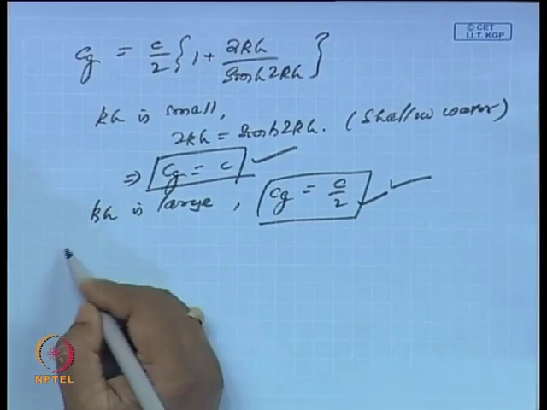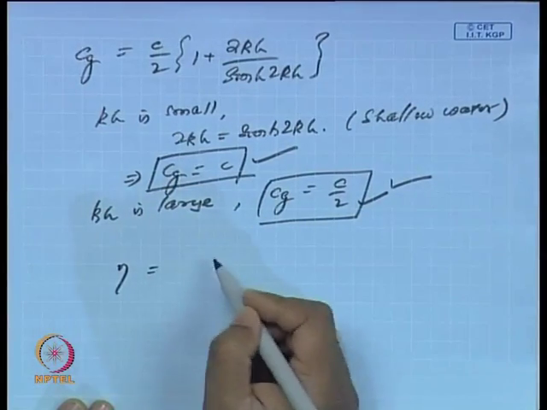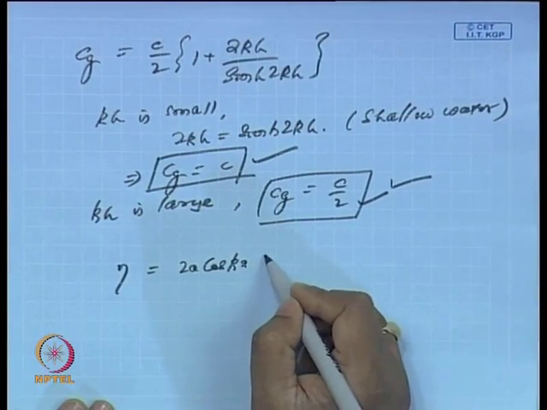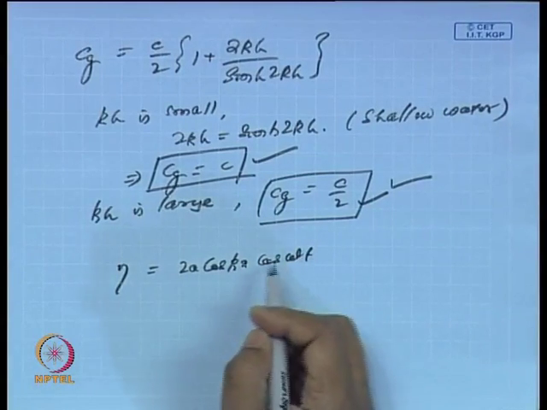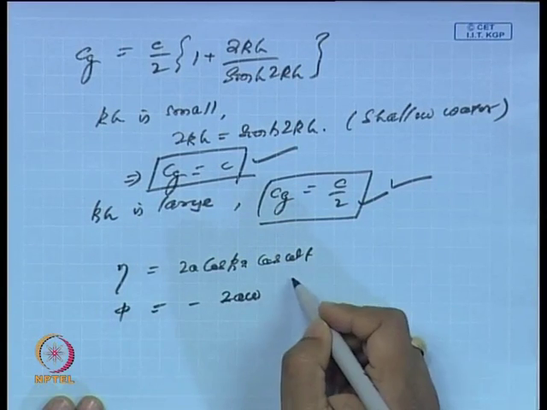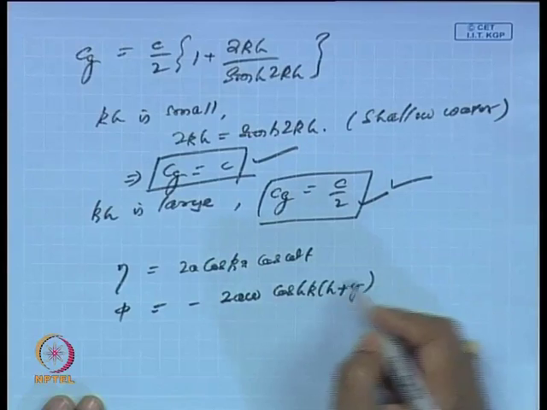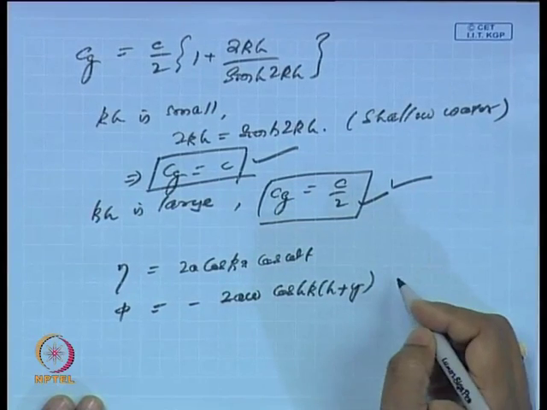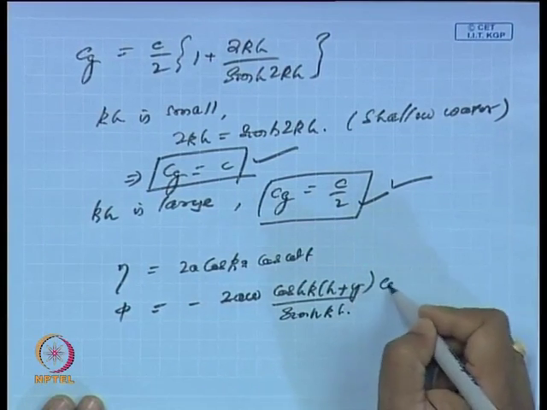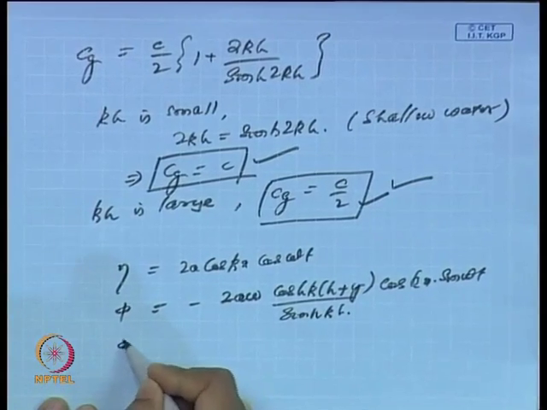We have seen that in case of a standing wave, eta is equal to 2a cos kx cos omega t, and then the corresponding phi will be, we have seen, minus 2a omega cos hyperbolic k(h plus z) by sin hyperbolic kh into cos kx into sin omega t, and from here let us look at what happens to phi x.